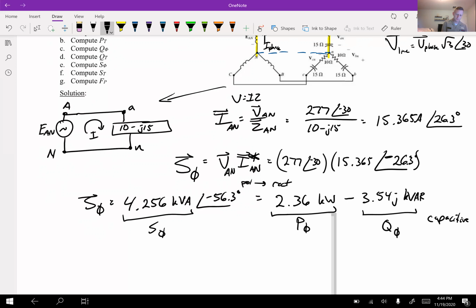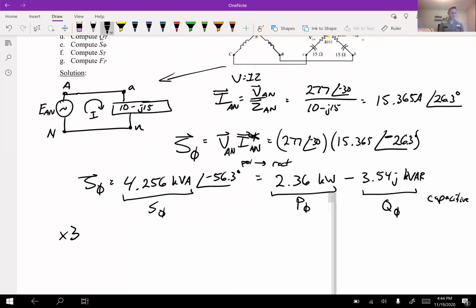Now, the easiest step in the world, multiply this by 3. And when I multiply that by 3, I get 12.77 kVA. That is my S total. Just multiply 4.256 times 3. Multiply that P of a single phase times 3.